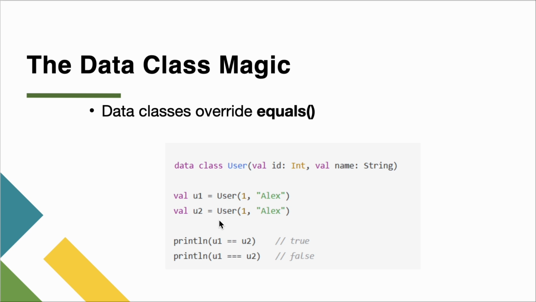But if we compare the references, u1 triple equals u2, that is going to be false, because they have been stored in different memory. They are two separate objects. That is the reason triple equals is false. Think of identical twins: same features, but two different humans.